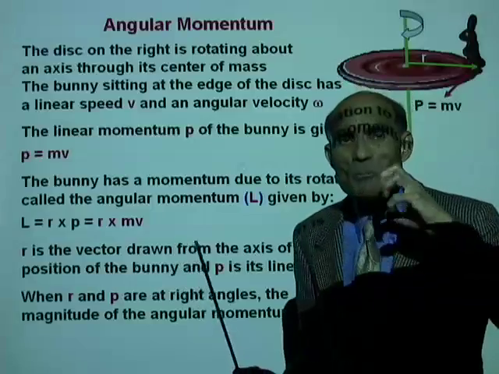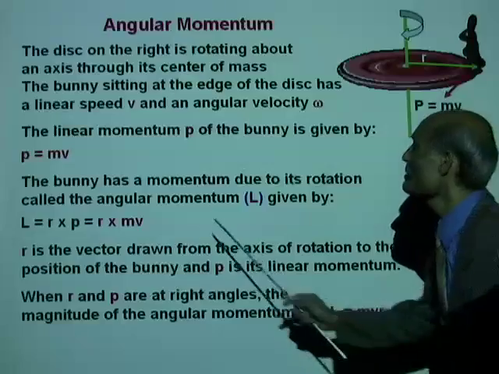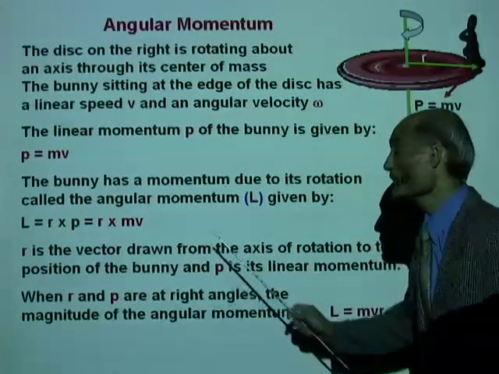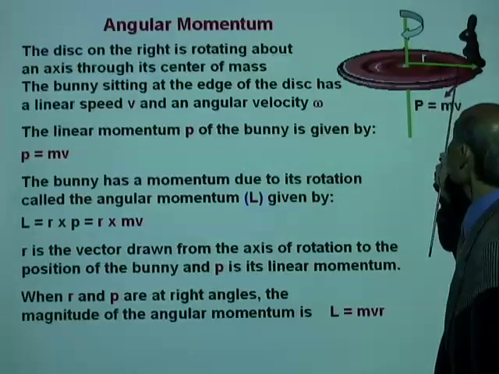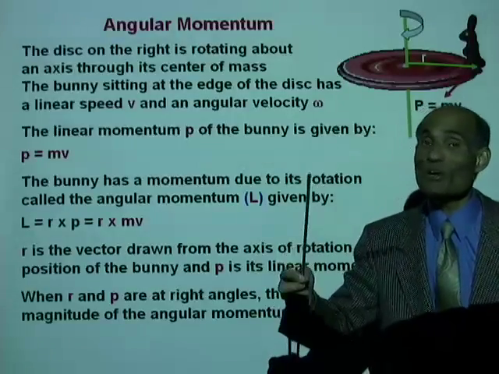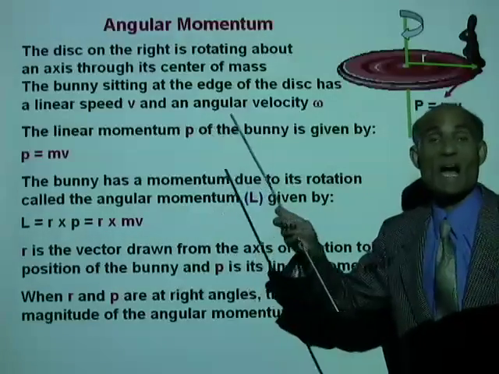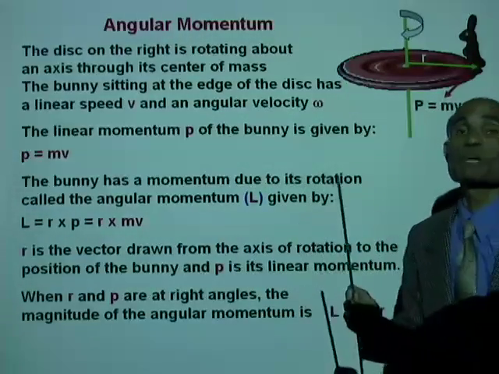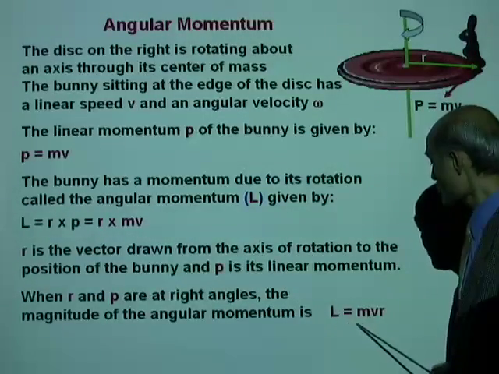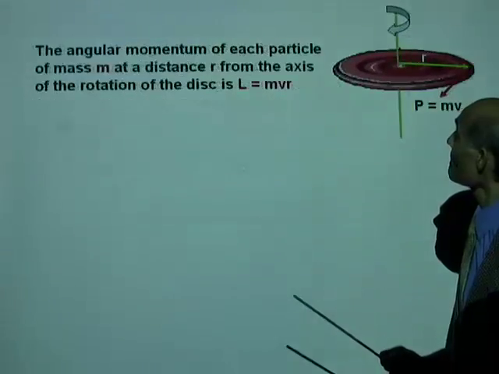But if you now consider the magnitude of the angular momentum, we can write L equal to mv times r. And this is the magnitude when the angle between r and mv is 90 degrees. If the angle is other than 90 degrees, then you need to take the component at right angles to r. That will be p sine theta. Well, so the magnitude of the angular momentum is mvr. Okay.